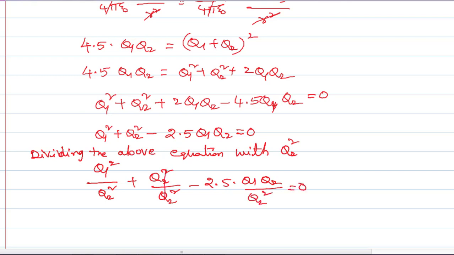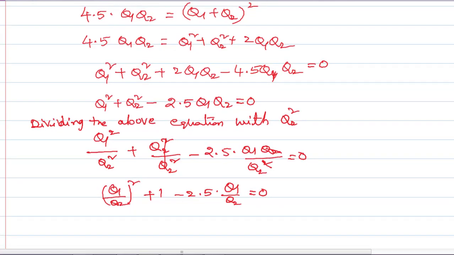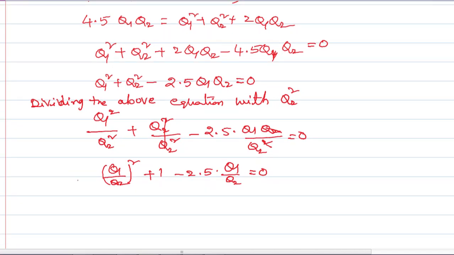This term value will become 1 now. Next, here q2 in numerator and denominator can be cancelled. The equation is (q1 by q2) whole square plus 1 minus 2.5 times q1 by q2 is equal to 0. In this case, I am considering q1 by q2 as x.